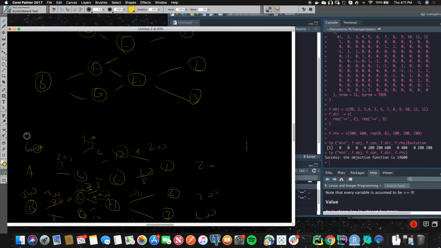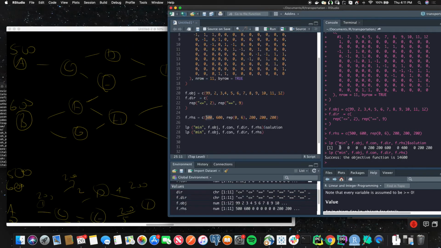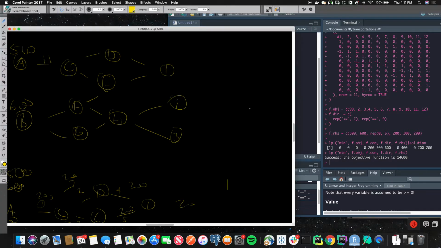I said 500 here and then 600 here, so this is where I screwed up. So we'll say 600 is here, 500 is here. All right, and so we said this is 11 now. So given that this was such a costly path, 200 came through this pathway, and then 400 left here, and then 200 went here, and 200 went here.